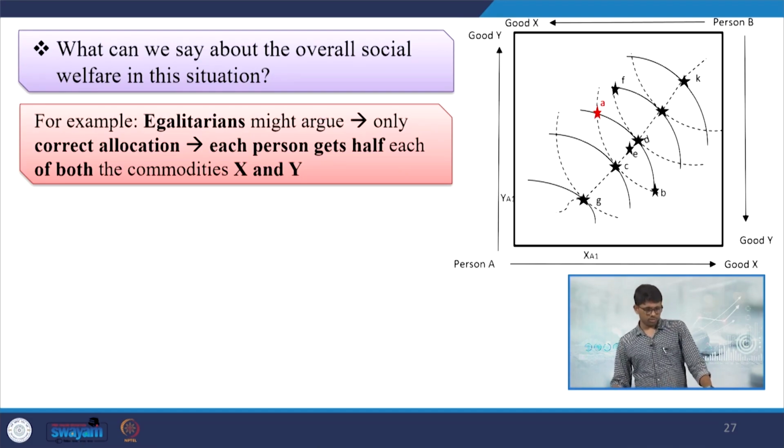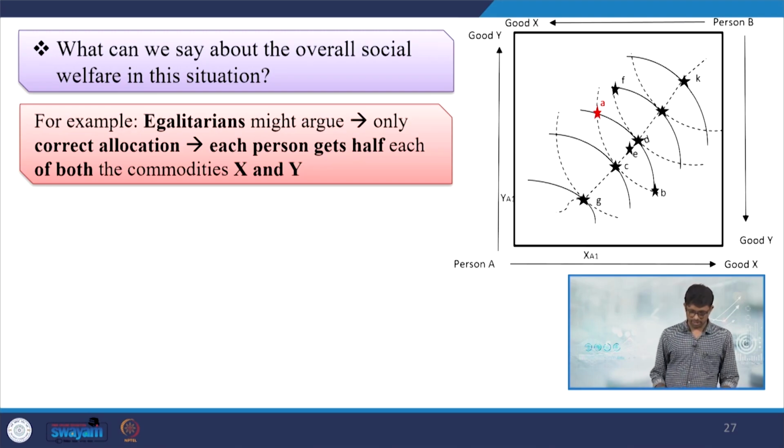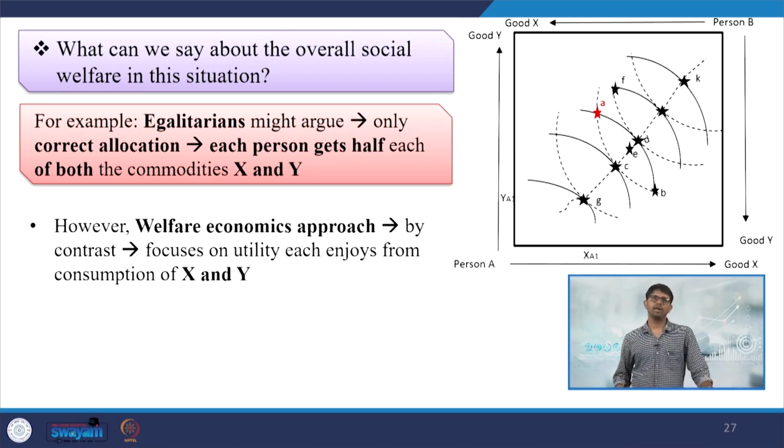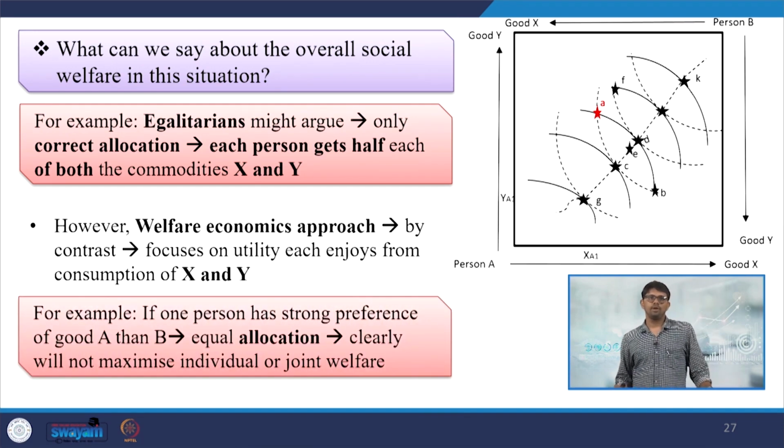We sometimes count the concept called the egalitarian approach, that is simply allocating equally by dividing each of the commodities X and Y by half. However, the welfare economics approach, by contrast, focuses on the utility each person enjoys from the consumption of X and Y. If one person has a strong preference for one good, then equal allocation clearly will not maximize individual or joint welfare.